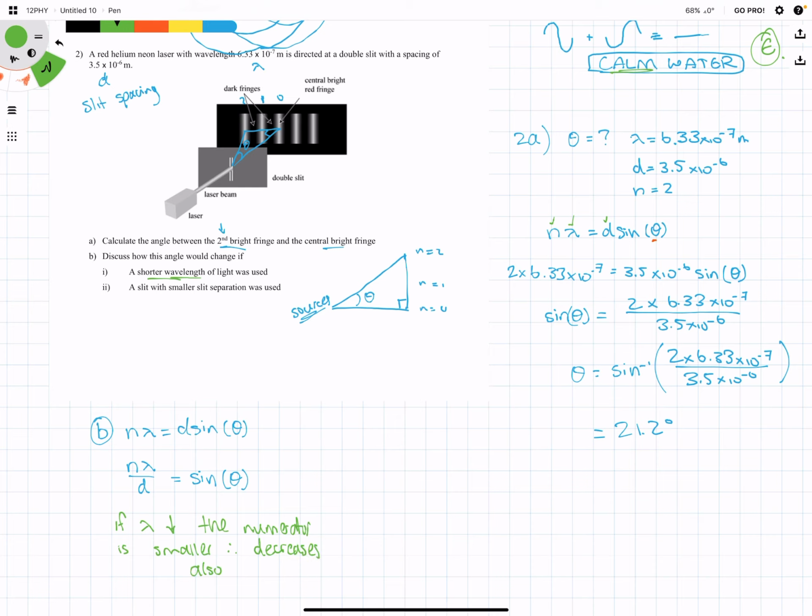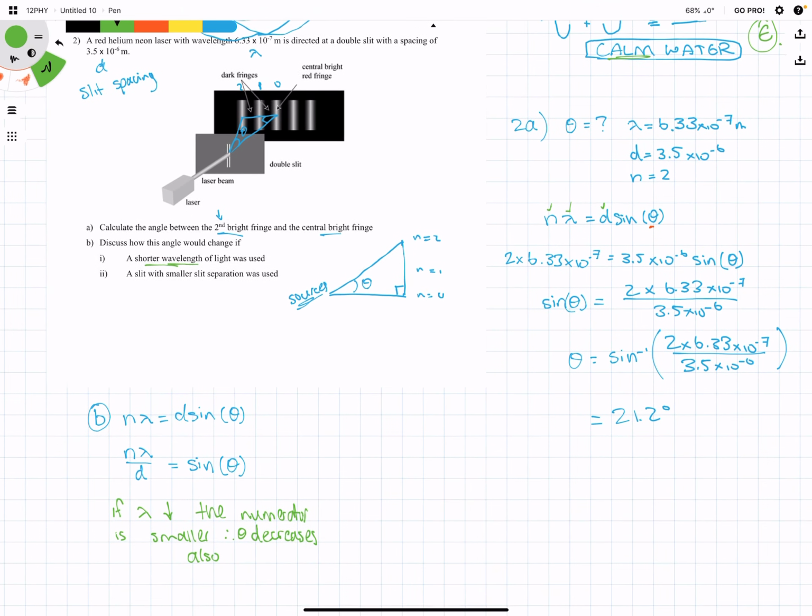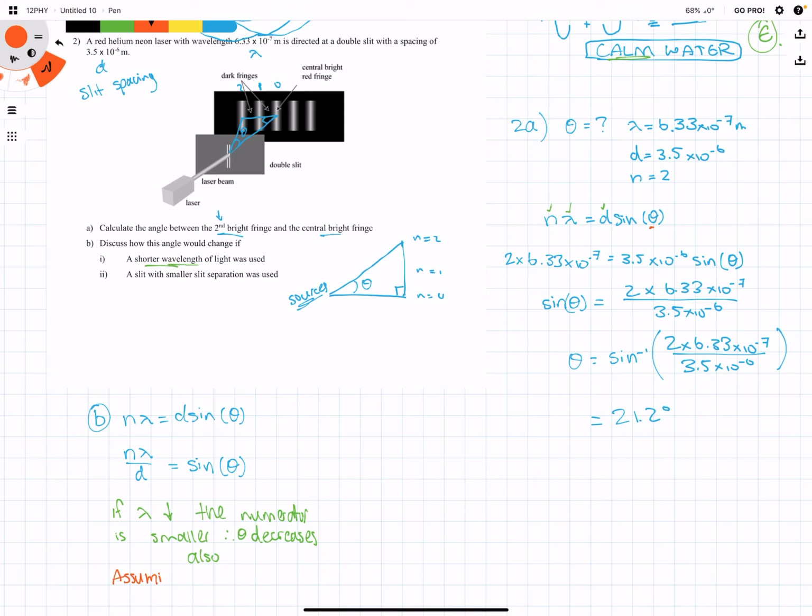Therefore, this theta decreases also. And the little thing we'll note here is that we are assuming that we don't change the other values, so we're assuming d is constant for that part.